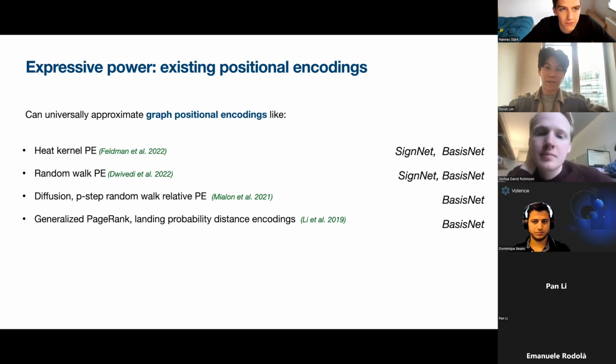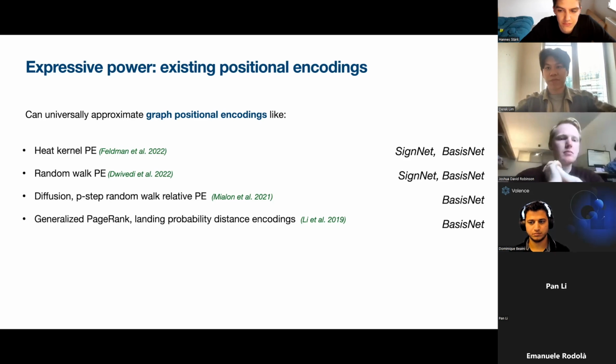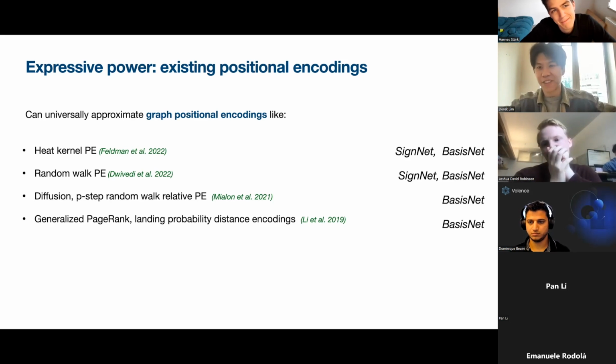So in theory, if your network really wanted heat kernel positional encodings, SignNet and BasisNet can compute that. Or maybe it wants random walk positional encodings, and you can compute that instead. So it's moving towards a very nice universal spectral positional encoding, if I may say so myself.